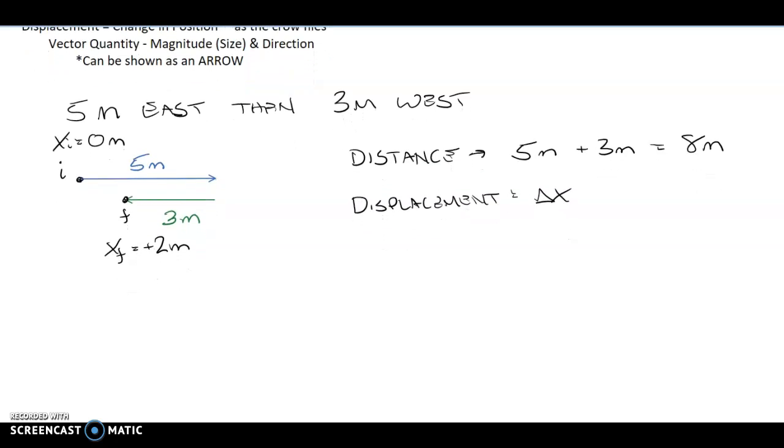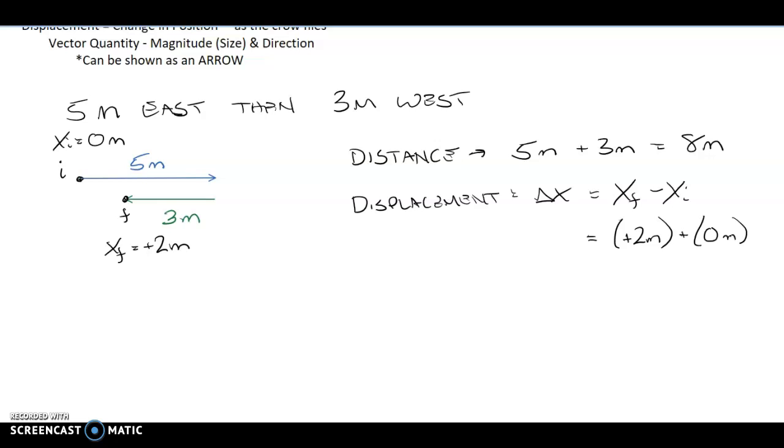Right? And so I can actually add those two displacements together to get my total displacement, or my delta x. But delta x would be x final minus x initial. Those are where I'm located. Well, at the end, I'm located at positive 2 meters. At the beginning, I'm located, let's call that 0. And so I would be displaced 2 meters, and it would be a positive displacement, which would indicate that I'm displaced to the right by 2 meters.